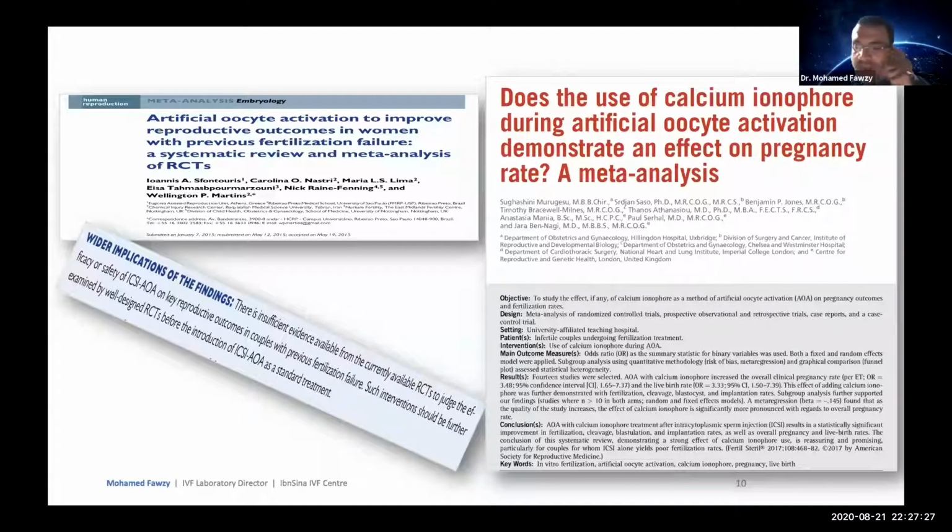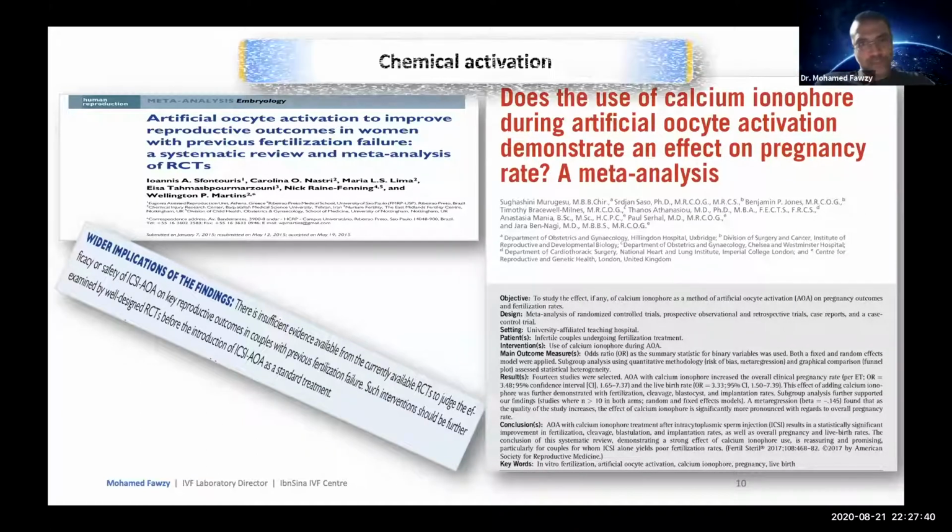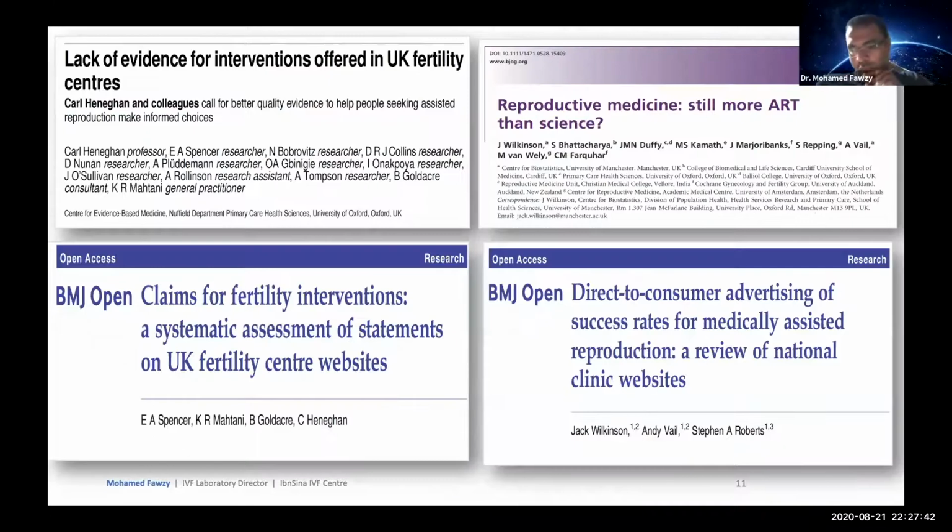Two meta-analyses are available with contradictory conclusions regarding artificial oocyte activation for improving embryological and clinical outcome with cycles with fertilization failure. However, those analyses include retrospective studies, historical comparisons, or relatively underpowered studies.